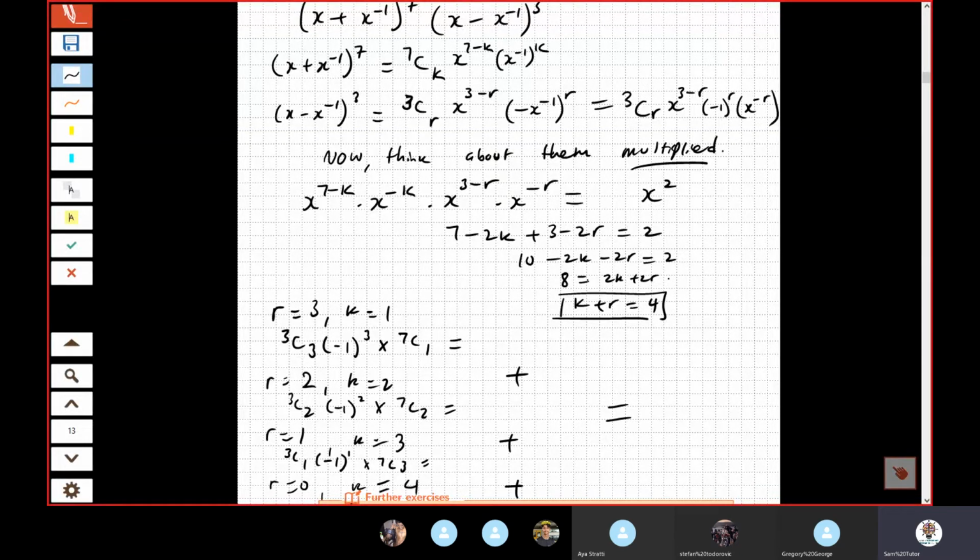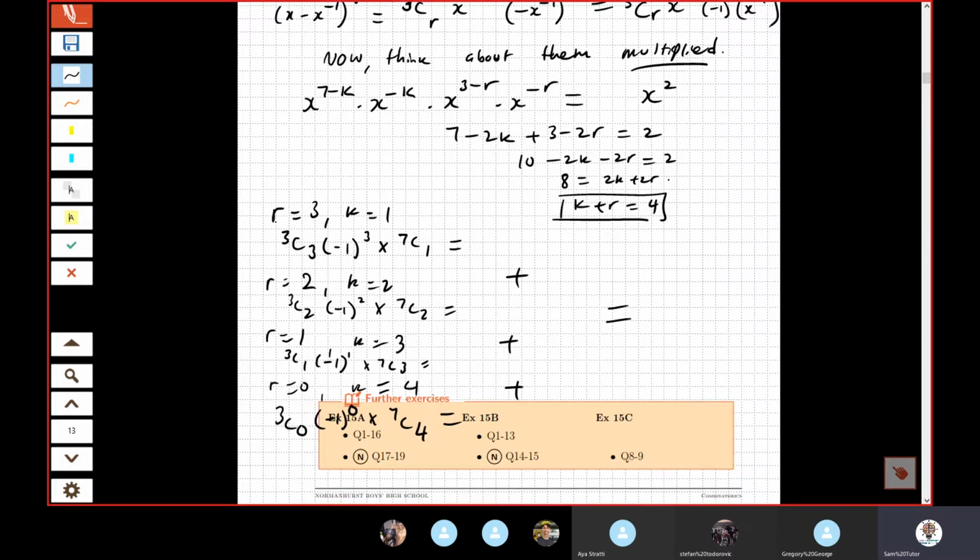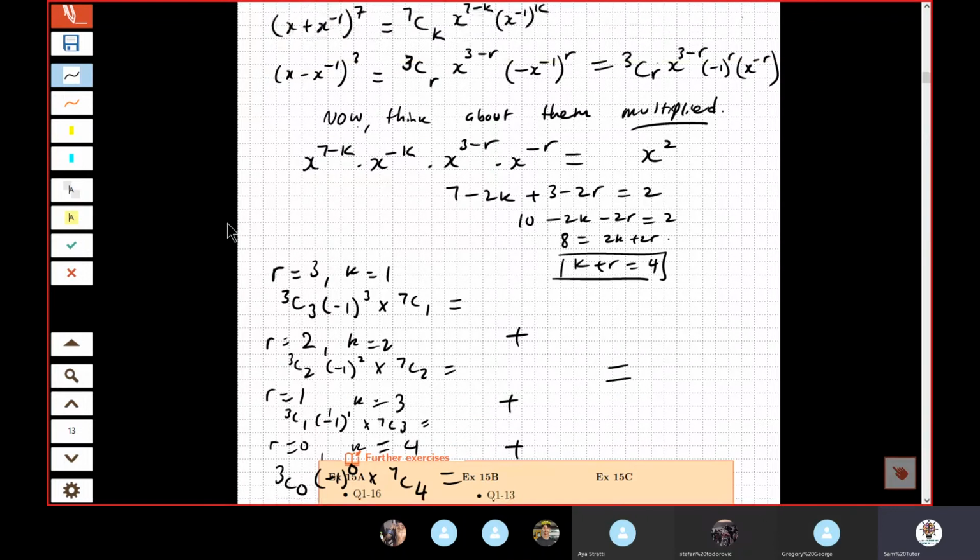You guys get over a year now, until your Year 12 exams. So they brought it down so you get a bit more time to master these. They don't get harder. So there's no harder binomial in Year 12 or anything like that.